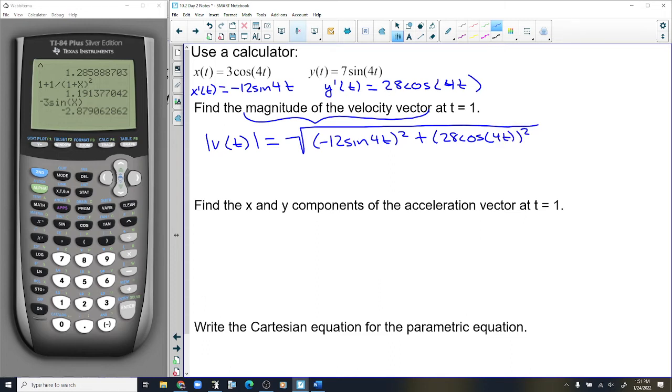But evaluated when t equals 1. So v of 1 is equal to square root of negative 12 sine of 4, oh, I need that squared, plus 28 cosine of 4, squared. 20.431.